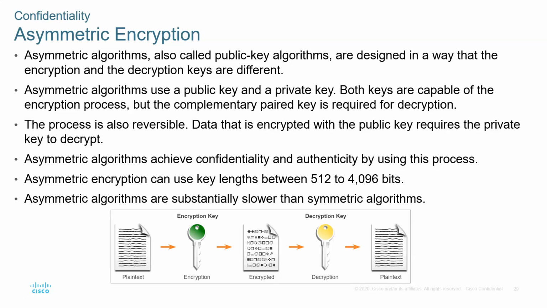Now, anybody that encrypts the data with the public key and sends it to me, the only person who is going to be able to decrypt the data is me, because I have the other key. When you create the two keys, if you encrypt the data with one key, you have to decrypt it with the other. Okay? So when I send out the public key, everybody needs to use that key to encrypt the data, and they send it to me.